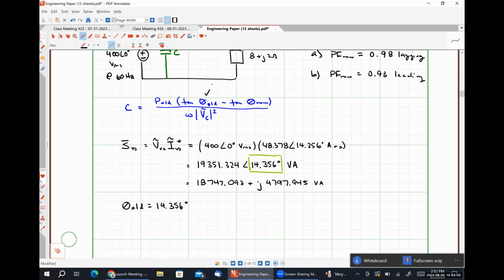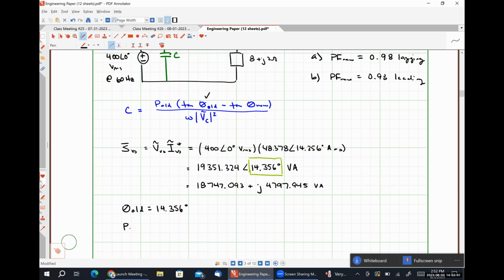Okay, so let me try this again. Of these 4 different parts of our complex power supplied by our voltage source, is P old? P old would be 18,747.093. Absolutely right. So it's the real part of our complex power, which is 18,747.093 watts.